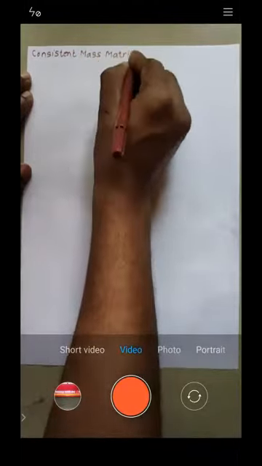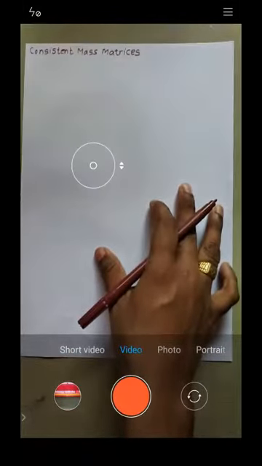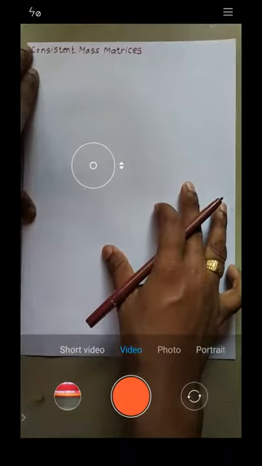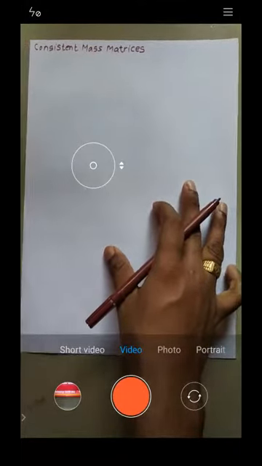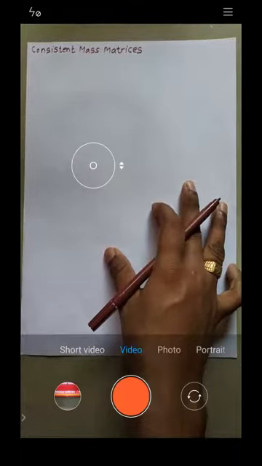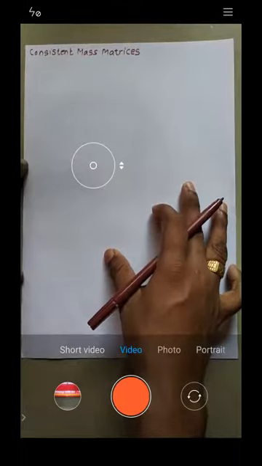What is the meaning of consistent? It is assumed that mass is equally distributed throughout the length. When the mass is assumed to be consistently distributed throughout the element, it is called consistent.